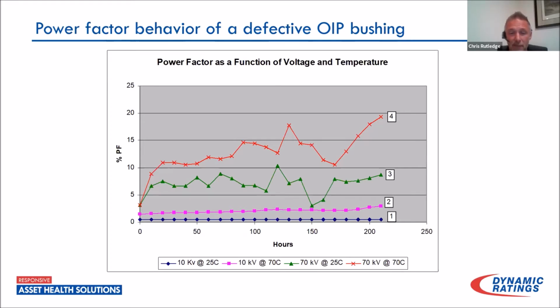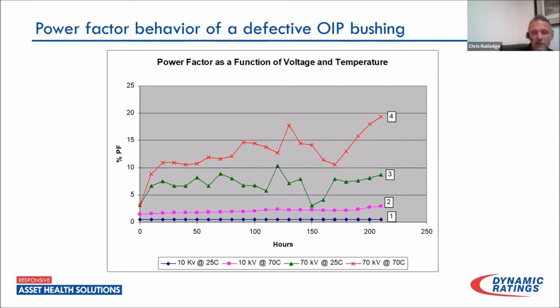to accelerate. If we step up to 70 kV at 25 C to perform our test, you'll see we're getting up over 10% at times with this power factor, even though we're down below the 1% that would be recommended with our regular 10 kV at 25 C offline test.